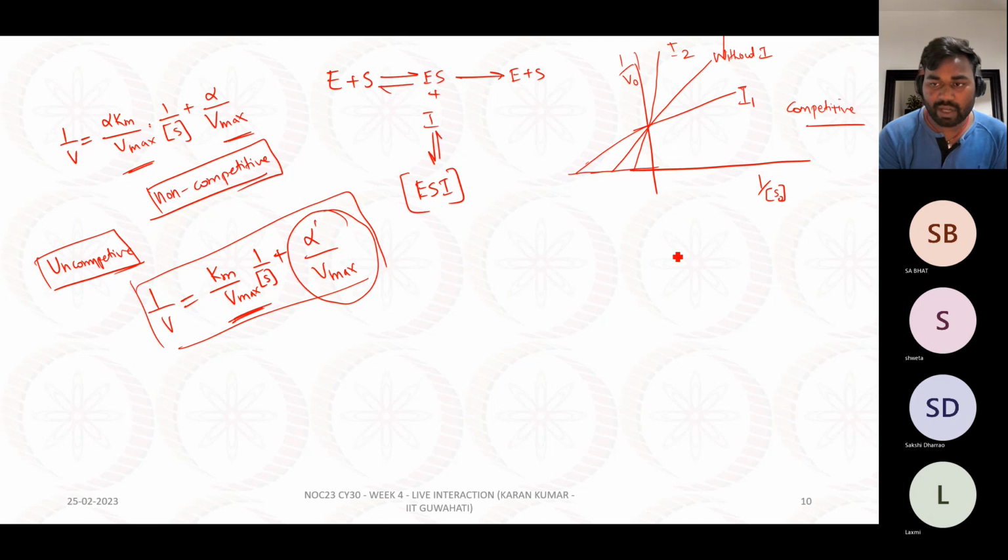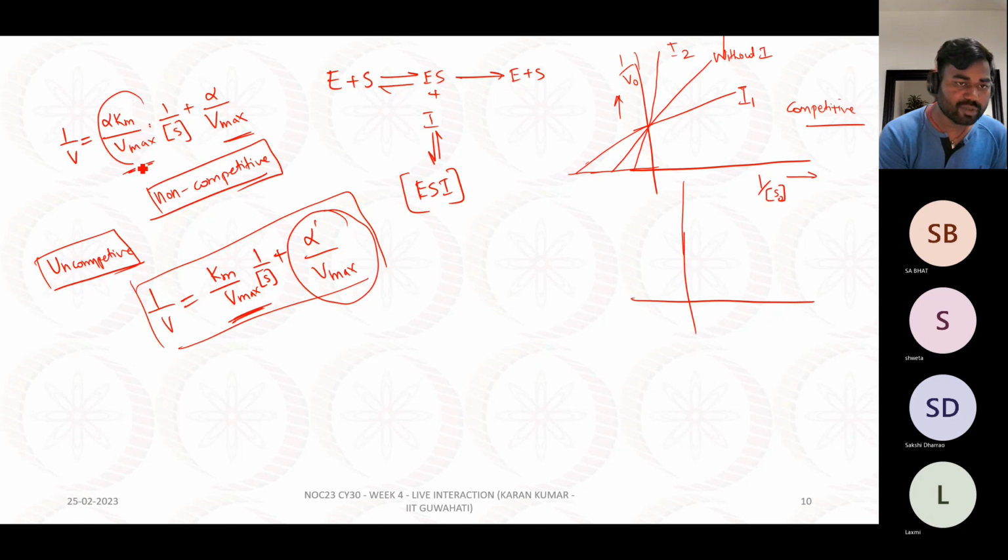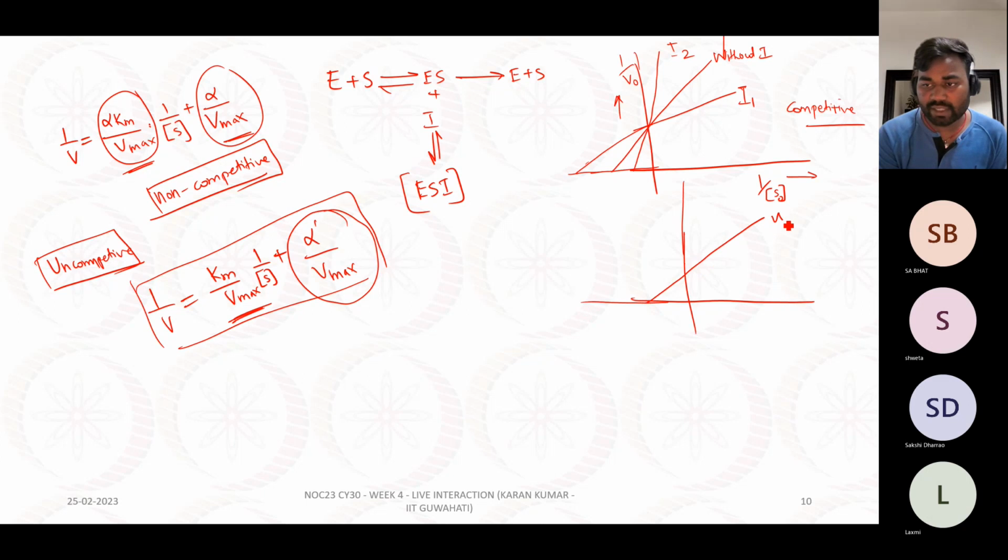Now in case of non-competitive, both your slope and your intercept are changing. So what you will see in this is, without inhibition, your slope will change like this.